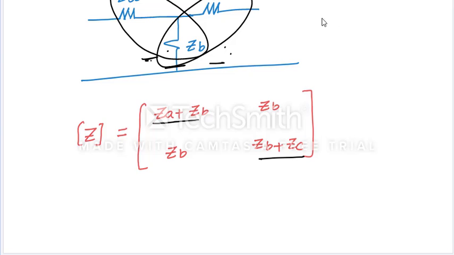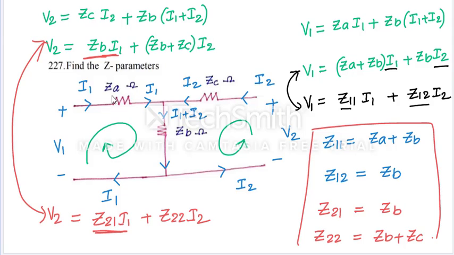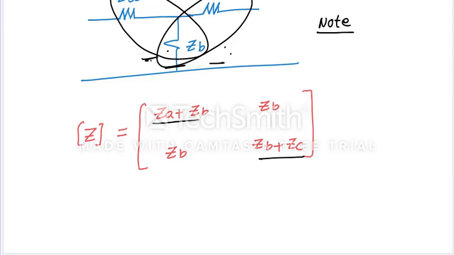But here you need to take care of one condition. Here you see ZA, what are the units? Ohms. These units are ohms and these units are ohms, meaning all the units must be impedance, ohms.